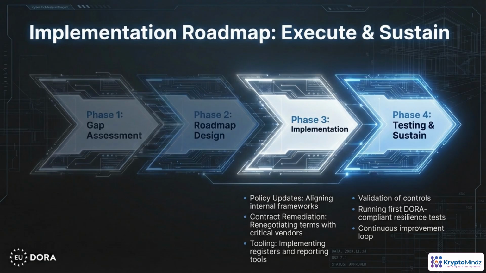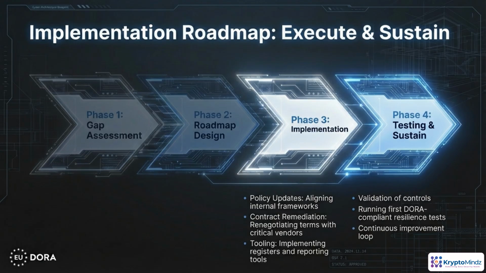Once you've completed your gap assessment and high-level roadmap, the real work starts. Implementation means translating DORA requirements into concrete changes, typically across three streams. First, policy and governance updates, aligning your ICT risk, incident, testing, and third-party procedures with DORA language and roles.